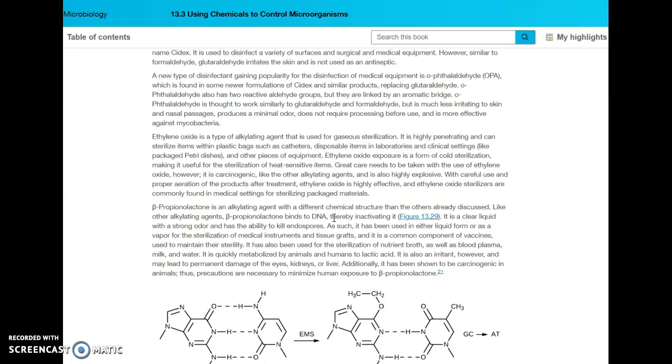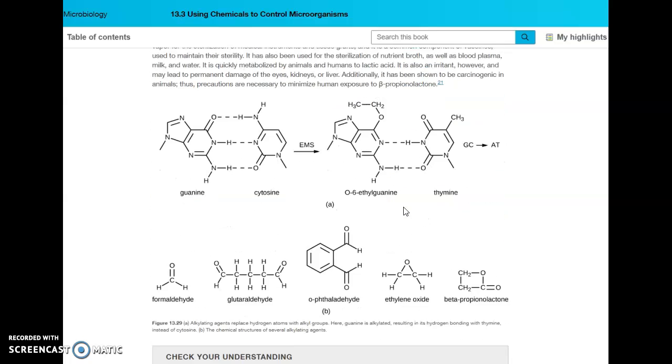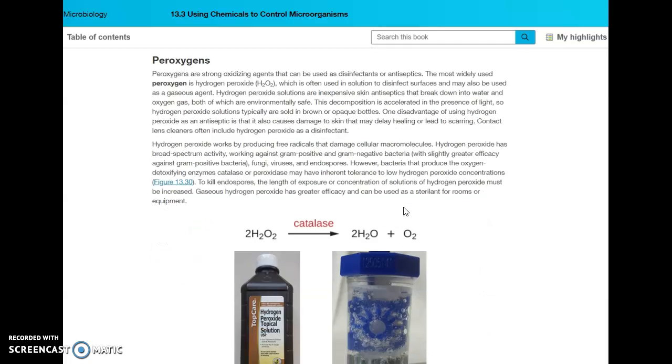It can be an irritant, so we don't like to spray it or use it very often. But it is quickly metabolized. That's why it can be used in vaccines. It's quickly metabolized and made into lactic acid so that it can be discarded as a waste product from the body.